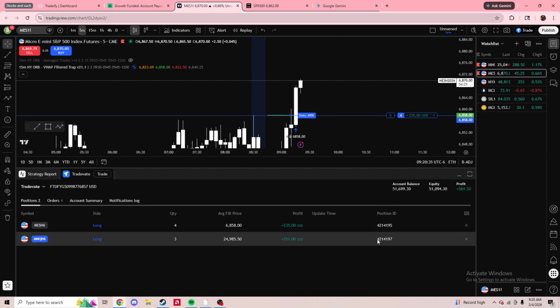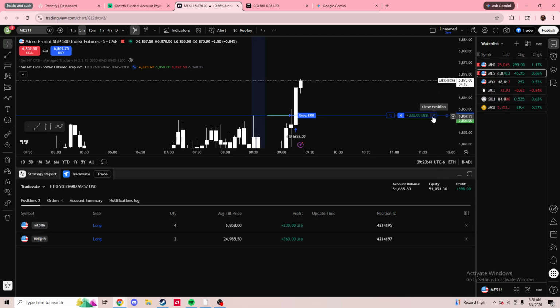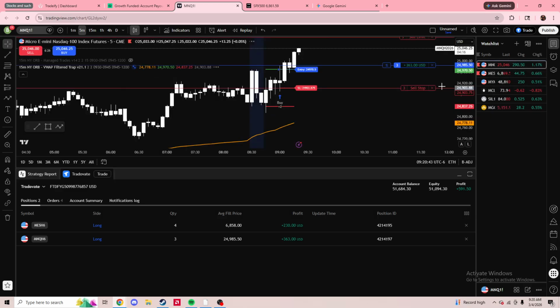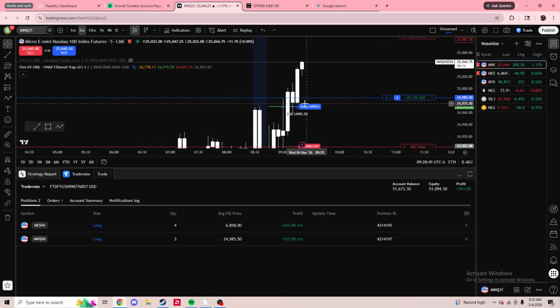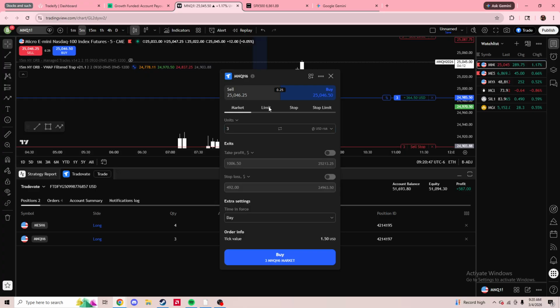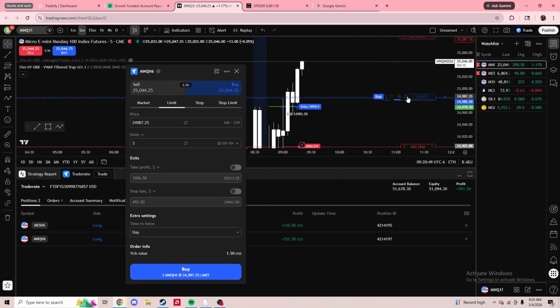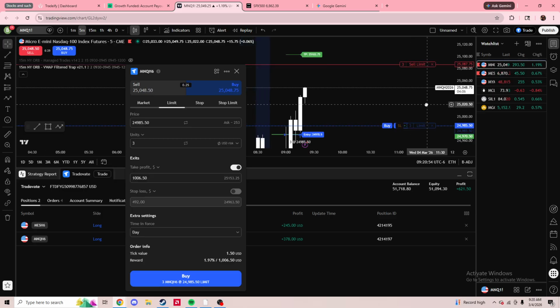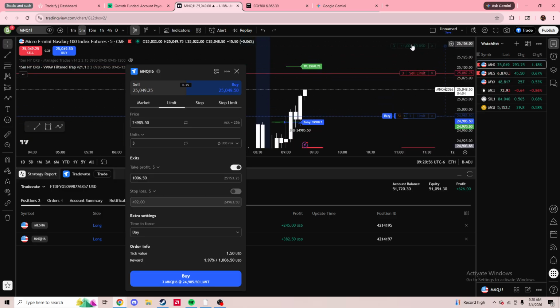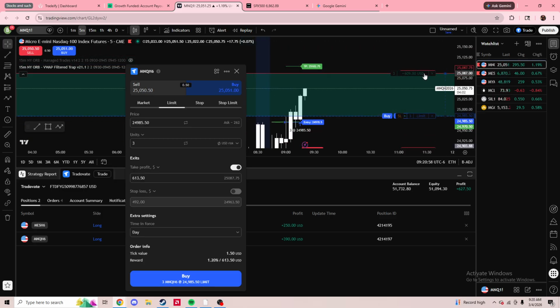So let's just pay attention here. I could close the trades over here, or I could close them over here. Or actually, let's just double check. What do I have this at? So to double check, I just drag the limit on top of where it is. Drag the take profit. Okay, so it's a 600 and 600.